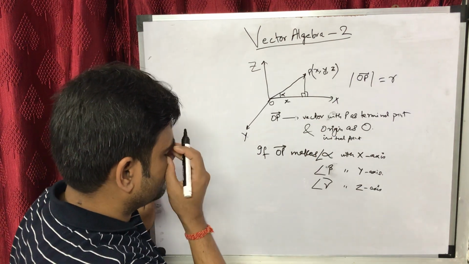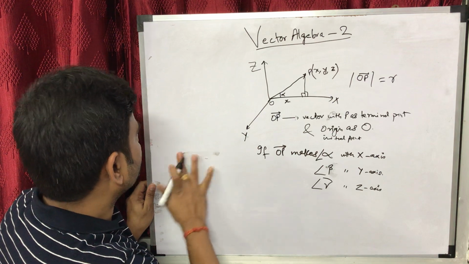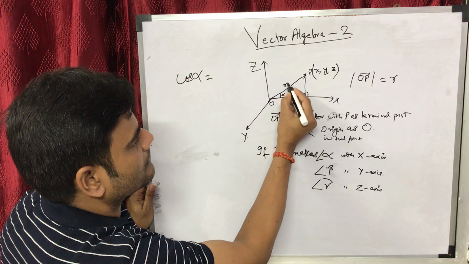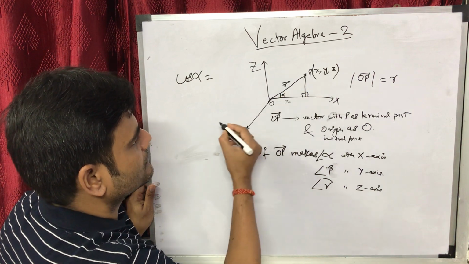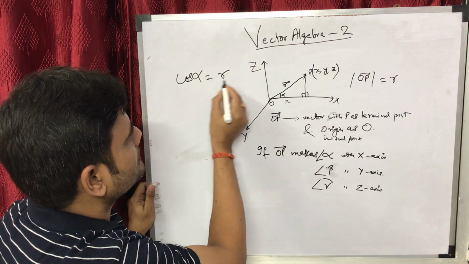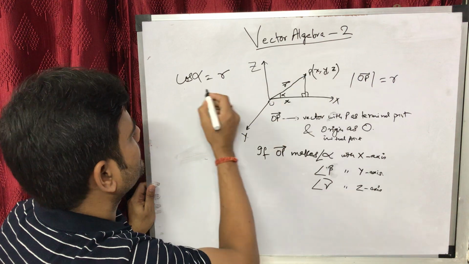So cos alpha equals x by r. r is a vector actually, but cos alpha is just a scalar quantity, which is x by r.